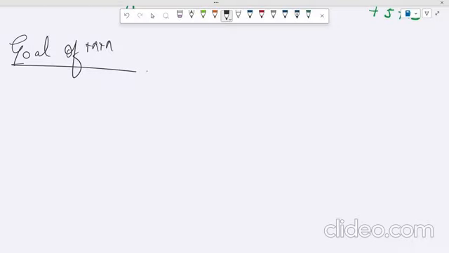Now it's time to talk about the goals of memory management. What are the goals of memory management? What does memory management need to achieve? There are two main goals.